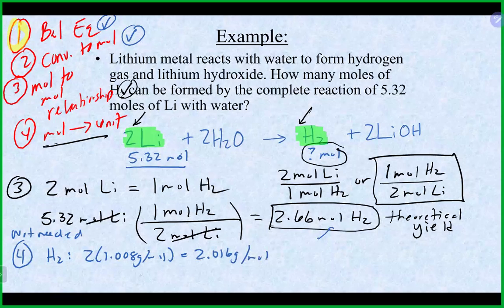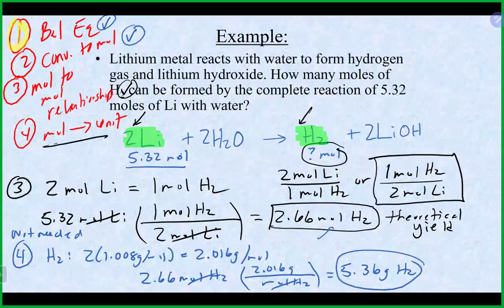And I could figure out how many grams that would represent, 2.66 moles of H2, using the molar mass from the periodic table, 2.016 grams per mole. Moles of H2 will cancel. And in this case, that would be something roughly like 5.36 grams of H2. That would be the theoretical yield in grams.